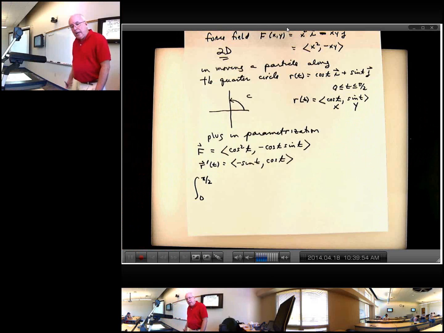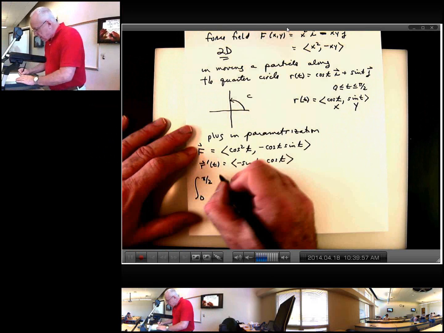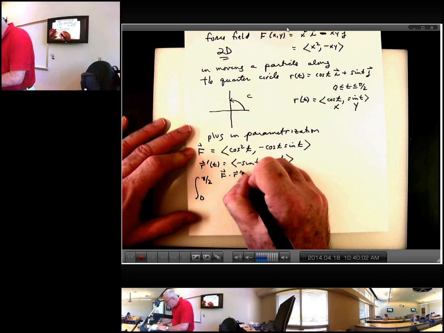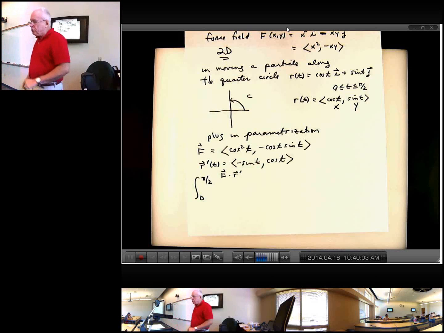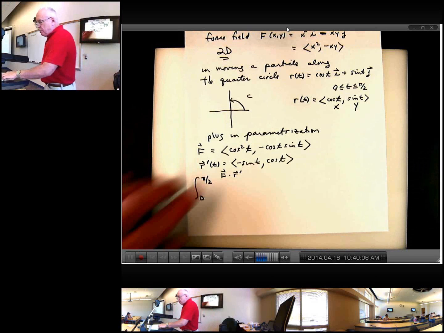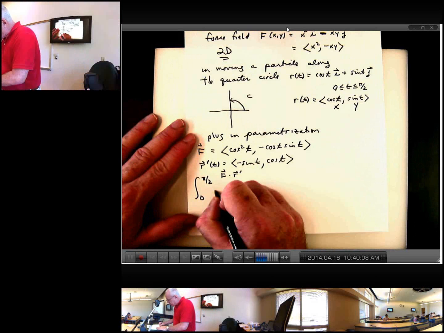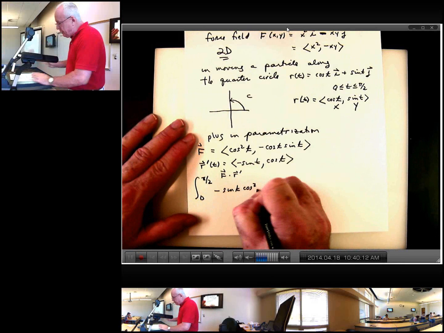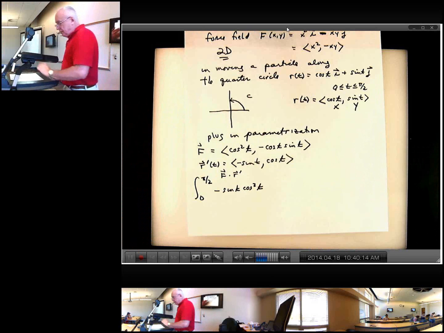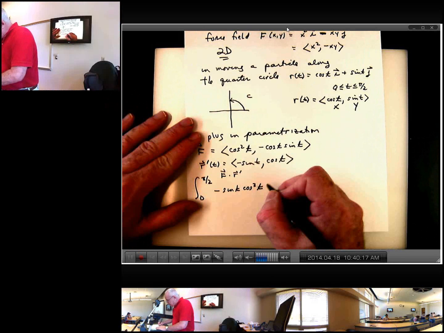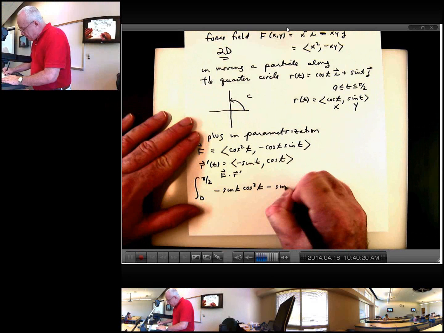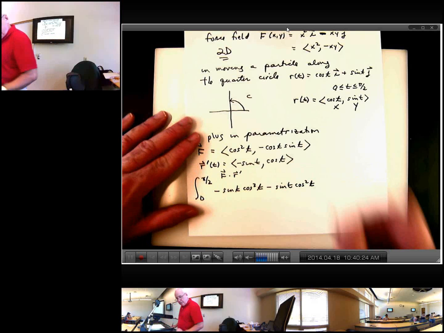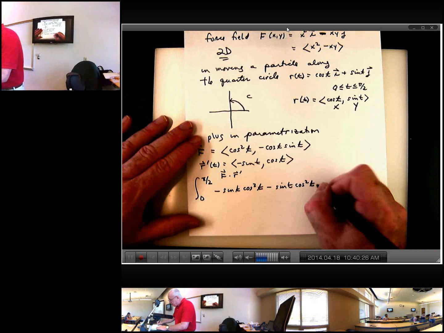And we're going to be dot producting the F with the r prime. So let's go on and do that. We multiply the first two components, so that's going to be minus sine t cosine squared of t. And then multiply the second components, that's going to be minus sine t, also cosine squared of t. Same thing, actually. And then we put in our dt.